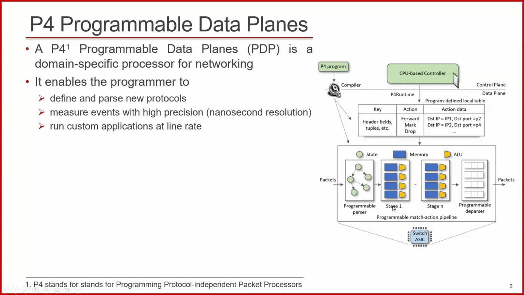Different architectures exist, but in general you have a set of match action tables, and you implement the logic of your application in these tables. Finally, you have the deparser that connects the headers you parsed back with the payload of the packet. At runtime, you can use the control plane to push new rules to the data plane.